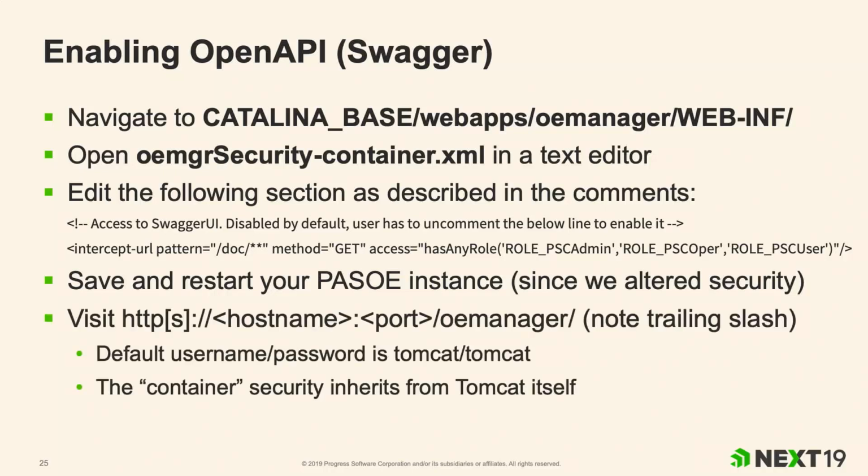And then just point to /oemanager/, and that trailing slash we found is important. If you leave that off, it will keep telling you access denied because it can't find the default index.html file. So you need the trailing slash, and then your default username and password is tomcat. Like I said, that just inherits by default off of whatever the users.properties file of the Tomcat instance.